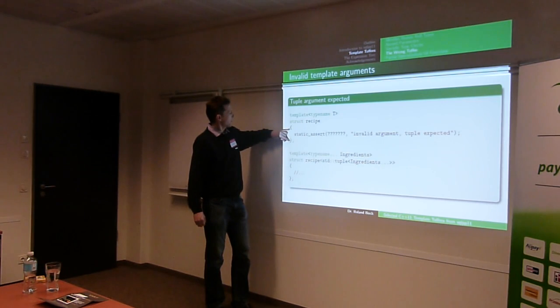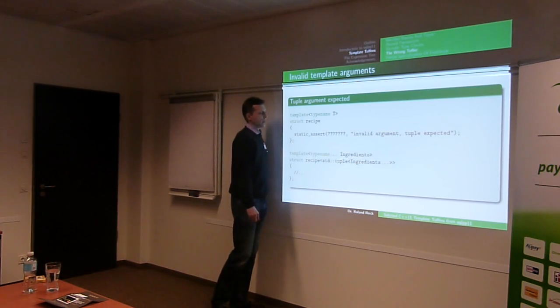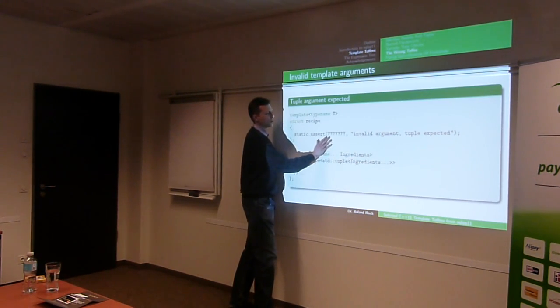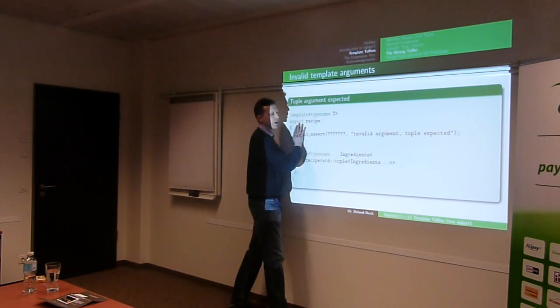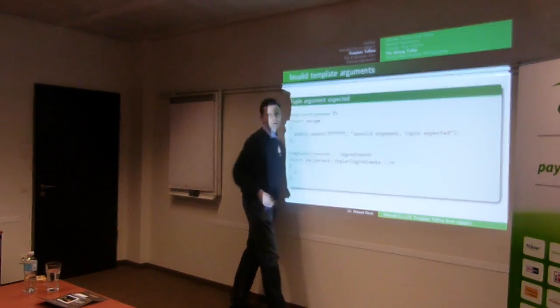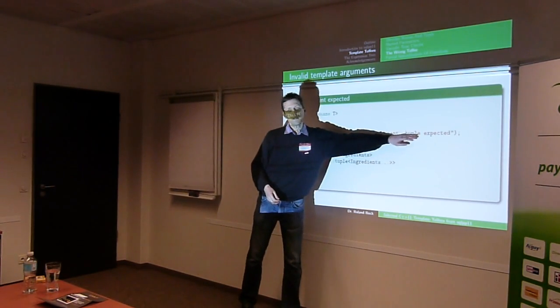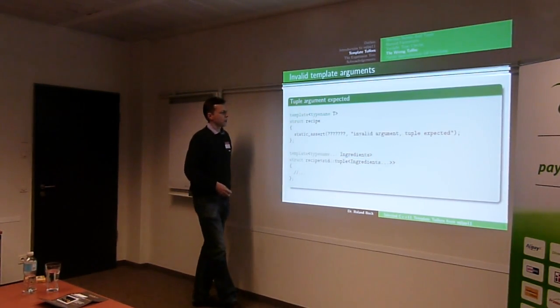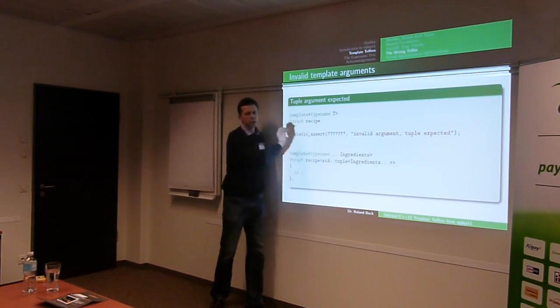The new world with sqlpp11 gives us static assert, and we just have to fill out this thing here and say, whenever this is instantiated, I want to get this message, and the compiler will be friendly enough and just print this message to the user. So what can we put in here?